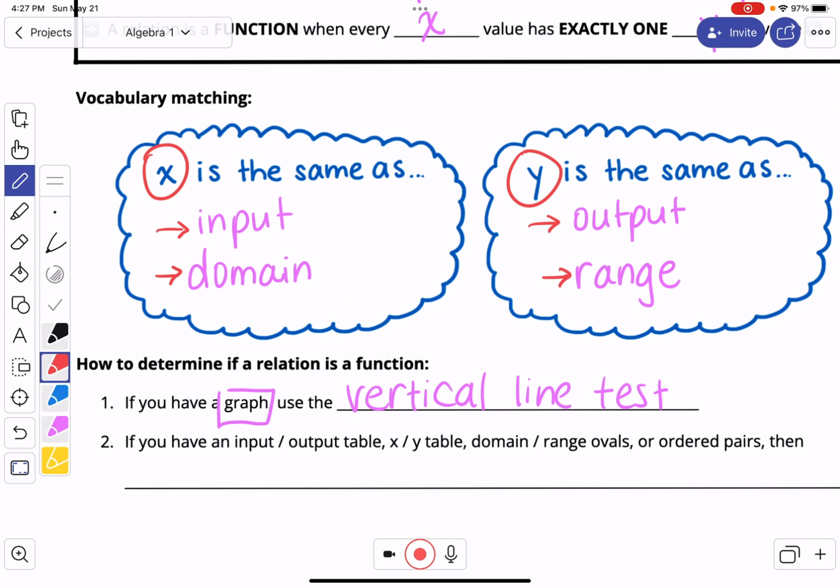But there's other times where you're going to have either an input-output table, you might have an x and y table, a domain or range. These are often listed in ovals, or you might just be given ordered pairs.